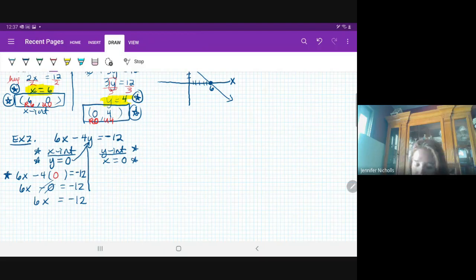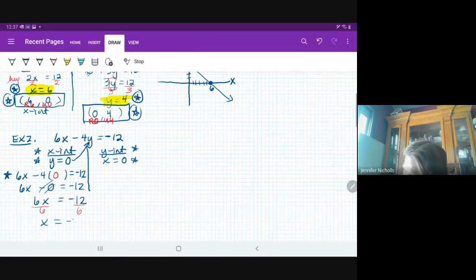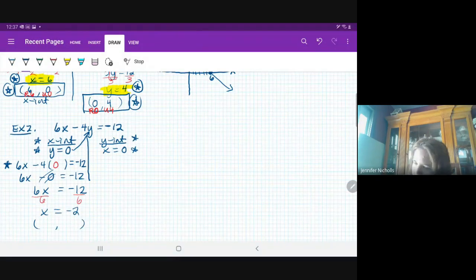Okay. What's my next step? So I'm going to divide by 6. And then I get x equals negative 2. And then what would the coordinate be? Here's my x.